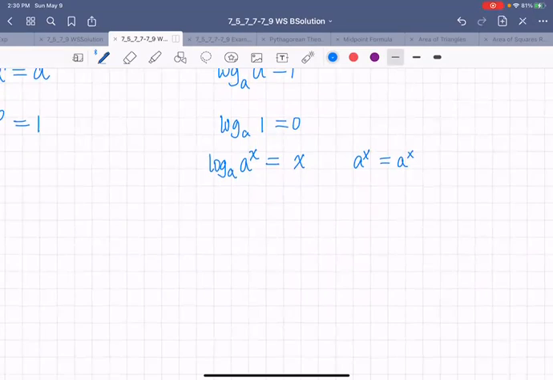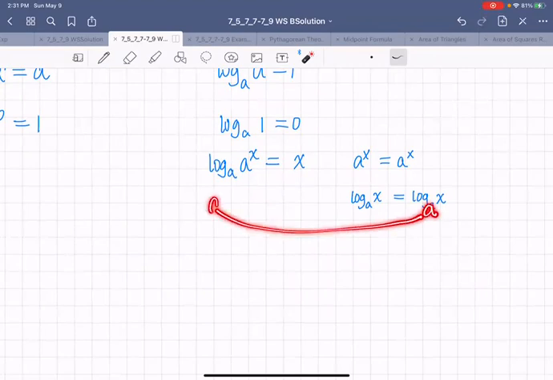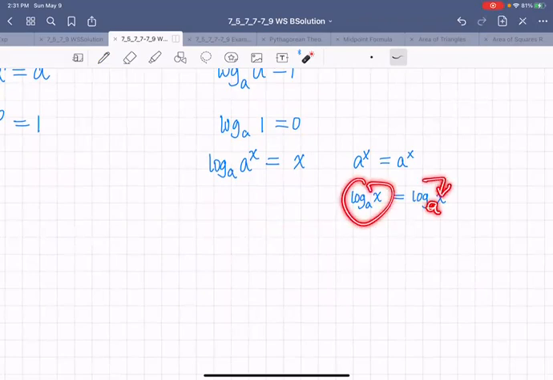Now, log base a of x equals log base a of x. That's always true. It is equal to itself. Reflexive property. Then this guy, you pull it here. This guy to the power of that guy will equal this guy again.